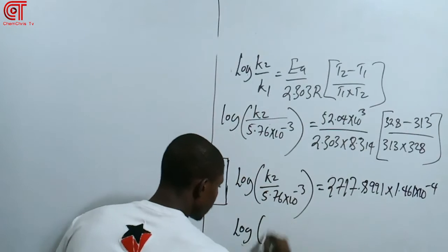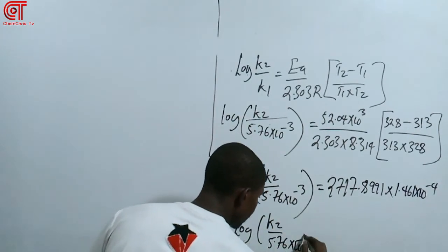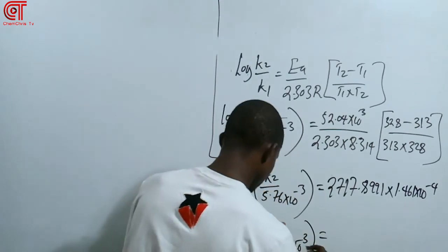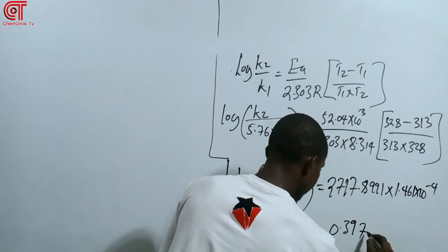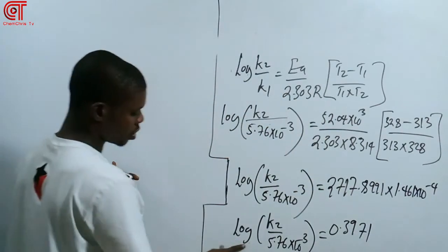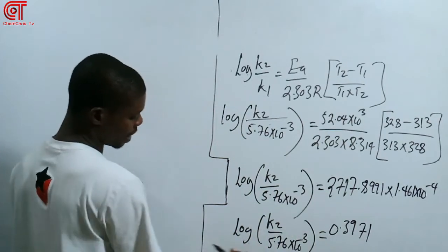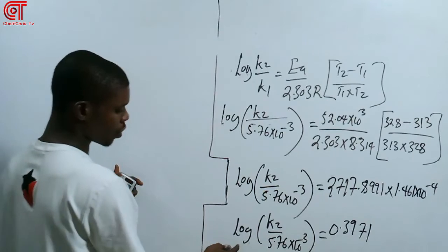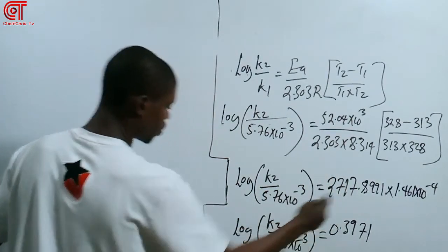Log of K2 over 5.76 times 10 to the power of minus 3 equals 0.3971. What you want to do now is take the inverse log of both sides. This log is going to go out, and you have the reverse log, which you call anti-log.